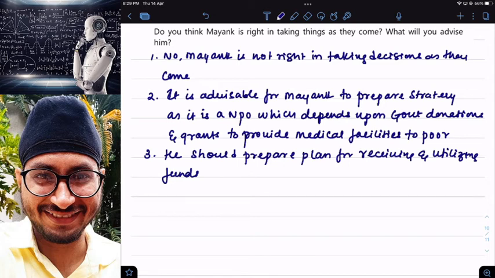No. That is why if you prepare a plan, chances of you getting more donations will increase. But if you don't prepare a plan, the chances of you getting a donation will decrease. I hope you agree with what I have written. Understood?